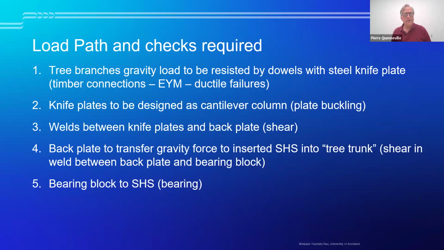So shear in the weld between the back plate and a bearing block. I'll show this later. And then the bearing block would need to transfer the force to the inserted SHS in bearing.